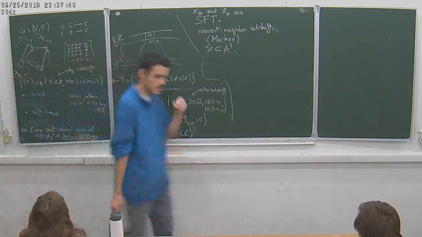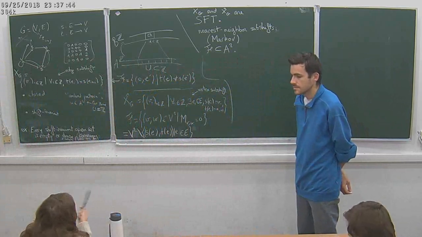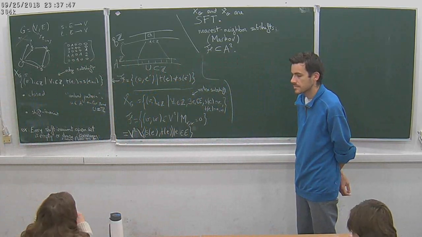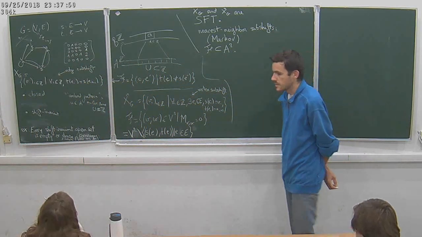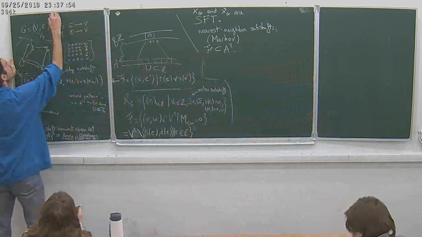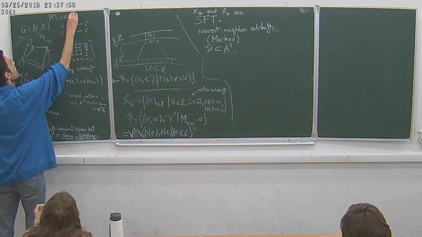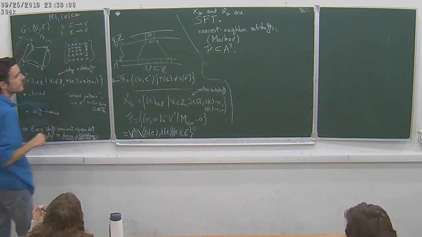Should the graph be finite? It's always finite. What if we take an infinite graph?